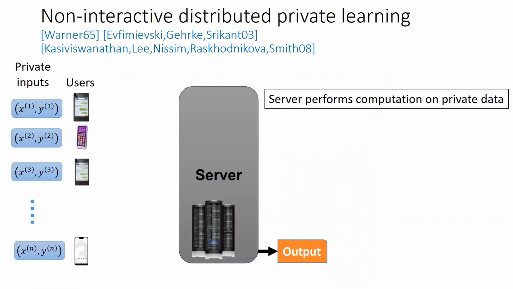So we'll start by discussing the model of non-interactive local privacy. Here there's a server that wants to compute a function on private data that is held by users. In order to perform this computation, the server will have to receive some information on the users' data. But the server is not trusted, and every user should only leak minimal information to the server.